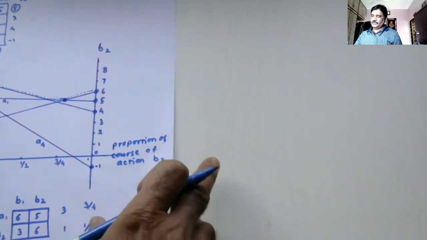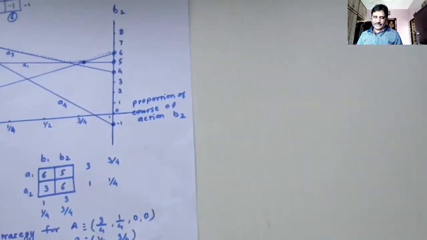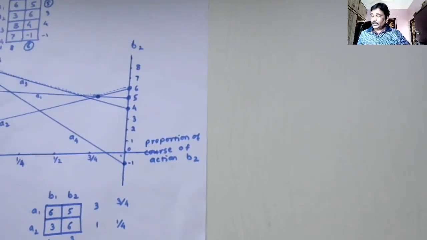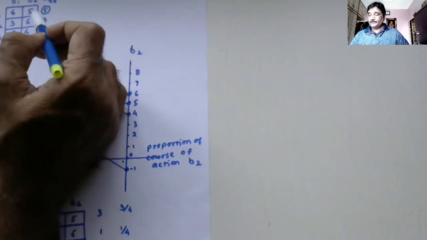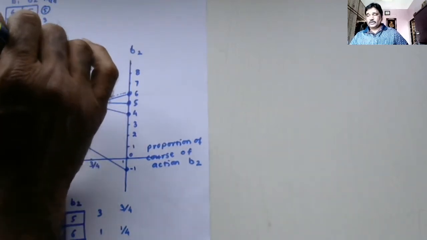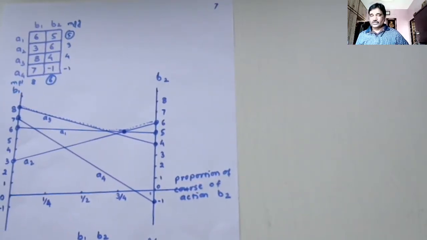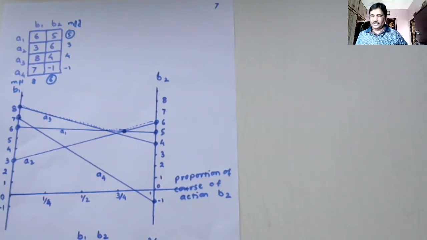It is very easy to solve a game by the graphical method, provided one of the players has two courses of action available. Only then can you use the graphical method. Now if you know that the game doesn't have a saddle point and it can be solved by the graphical method, there is no need of reducing the game by the dominance principle.